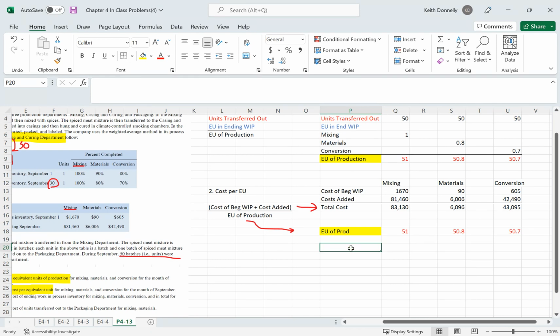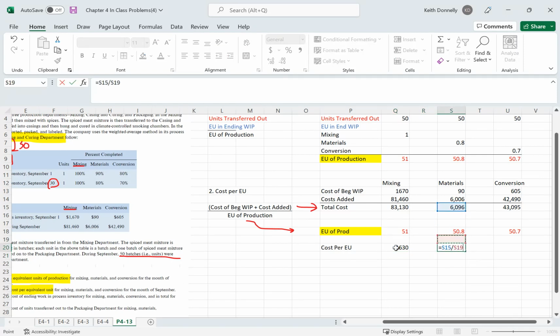And then what we're going to get is our cost per equivalent unit, which is what they're asking us, the answer. Basically applying that formula: your total costs divided by your equivalent unit of production with respect to materials, and then your total cost divided by your equivalent unit of production with regard to conversion costs.